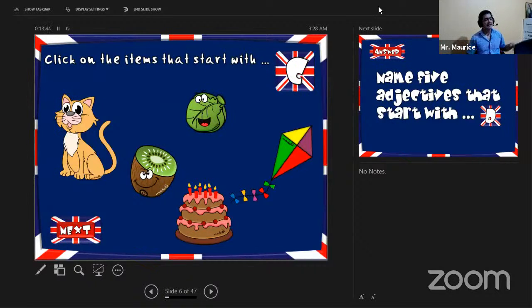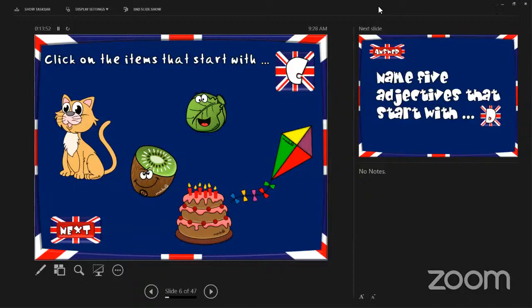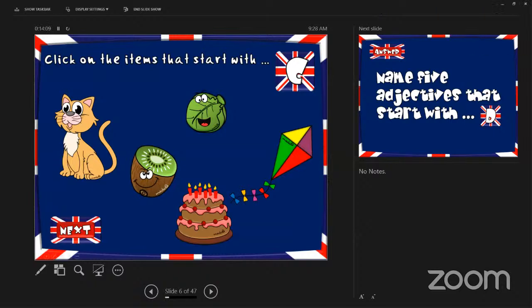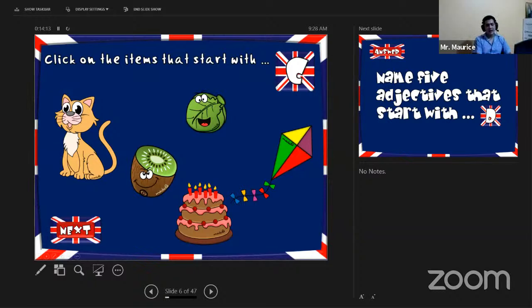Estamos ahora con la letra C. Which of these objects or animals start with the letter C? Tell me, miss. Cat. Cat is the number 1.